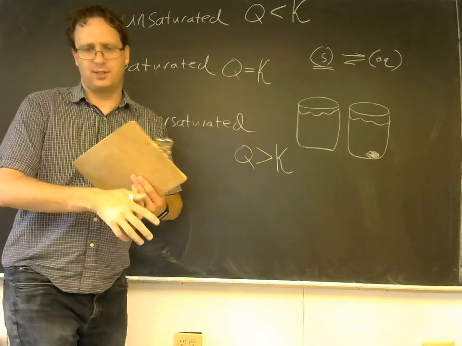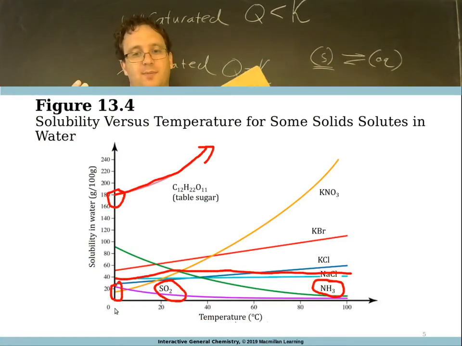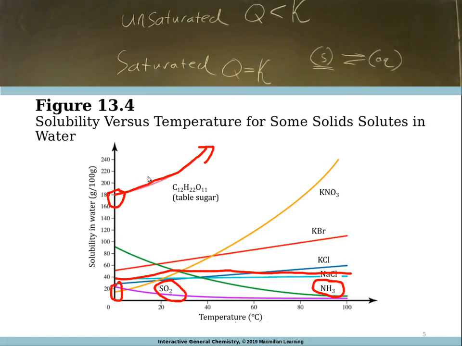So let's go back to our temperature dependence of solubility. If I take some water and I put, let's say, 240 grams of table sugar in it, I'm going to have to heat it up to about 40 or 50 degrees Celsius in order to dissolve that much table sugar. And I can do that easily on the stove.